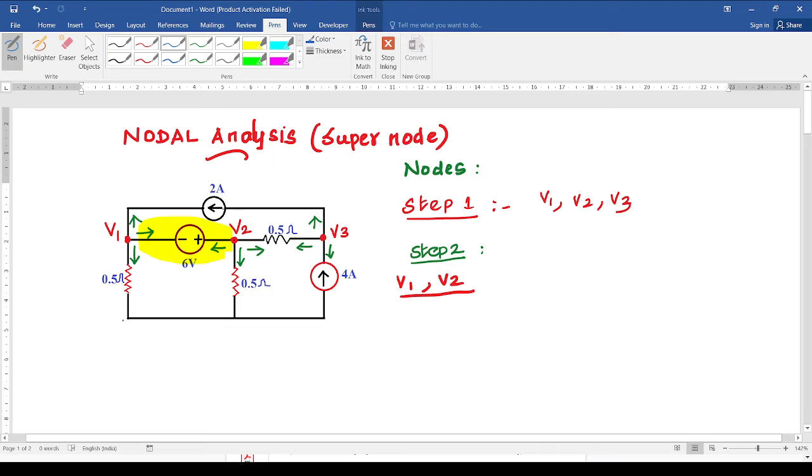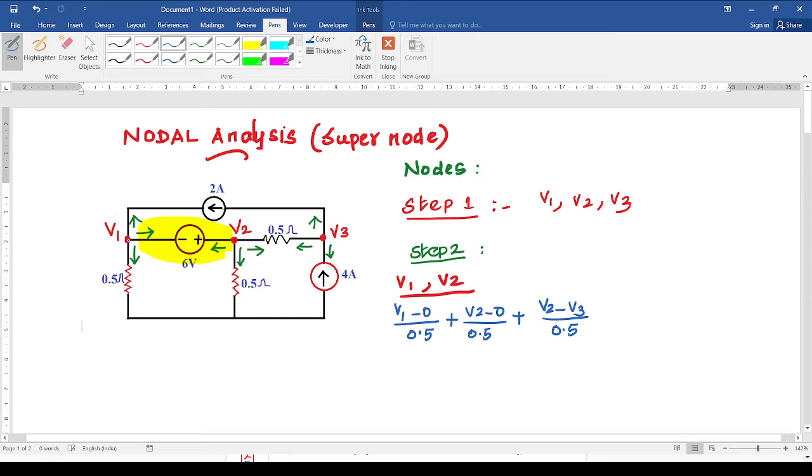V1 minus 0, here this is the ground potential, divided by 0.5. Then here you have to remove this voltage source. Then plus V2 minus 0 divided by 0.5 plus V2 minus V3 divided by 0.5, because with respect to the supernode V1 and V2 only we have to write the equation.